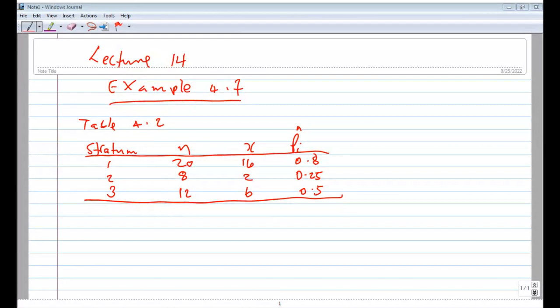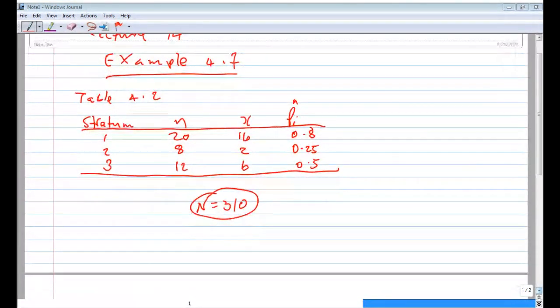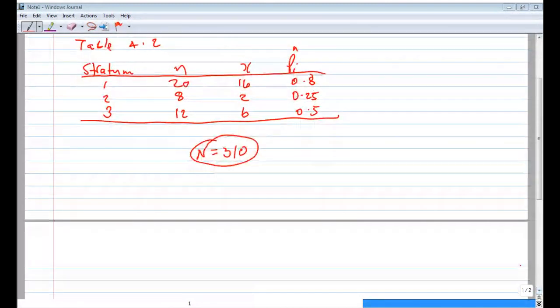Now, remember, like I said, this is the continuation of example 4.1, where we have got a population, to remind you, of 310, which is divided into 3 strata.